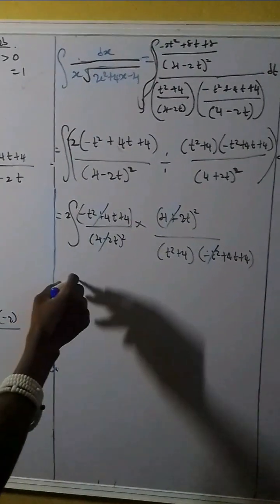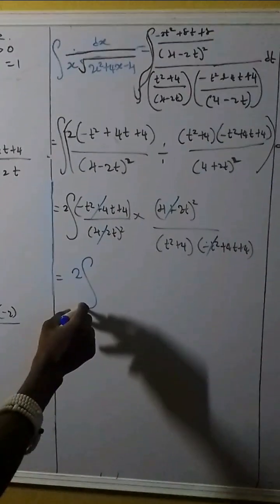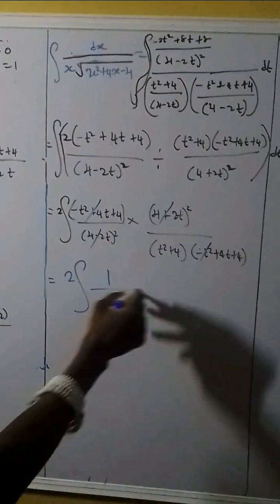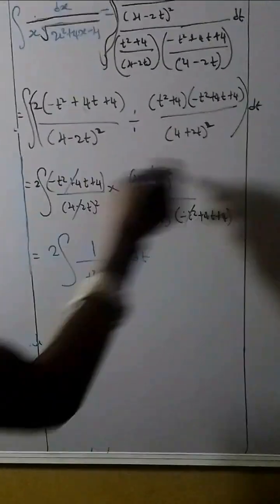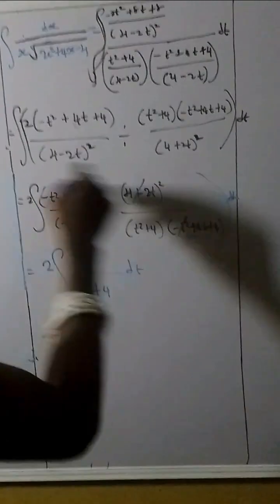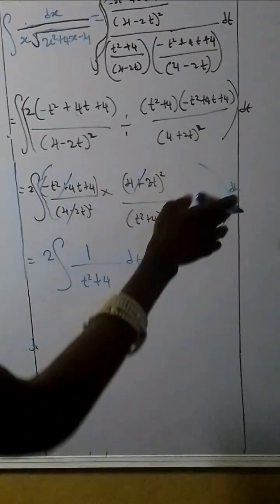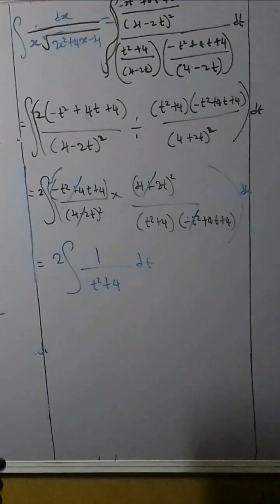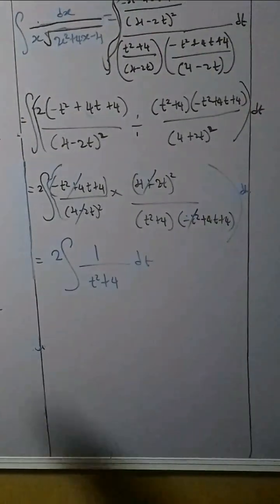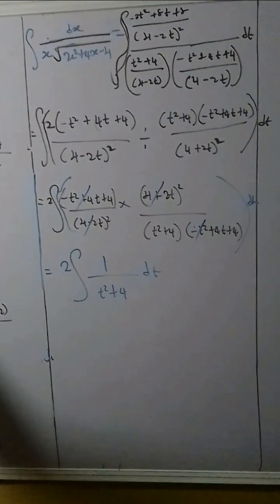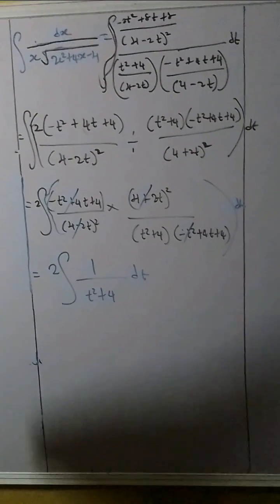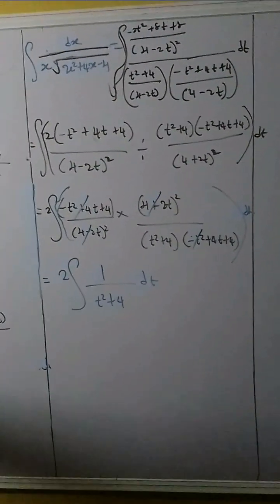You'll be having this being equals to 2, integrating 1 over t squared plus 4, then dt. I told you guys this will look like this, and as you all know, I've explained this already right from the beginning, and these two just come to the front here.